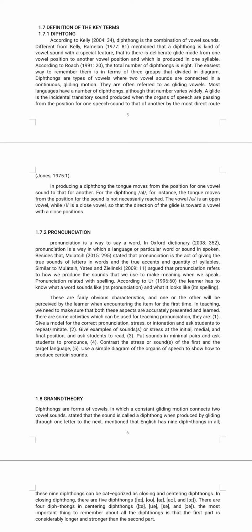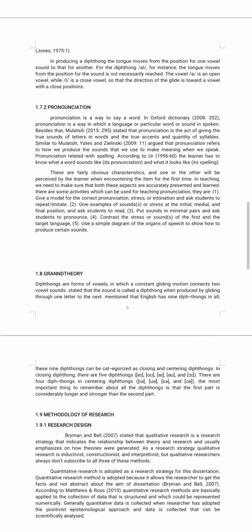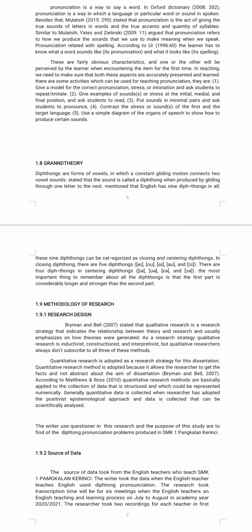Give examples of sounds or stress at the initial, middle, and final positions and ask students to read. 3. Put sounds in minimal pairs and ask students to pronounce. 4. Contrast the stress or sounds of the first and the target language. 5. Use a simple diagram of the organs of speech to show how to produce certain sounds. 1.8 Grand theory.